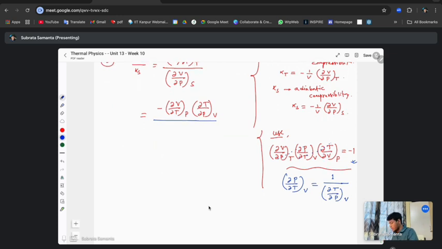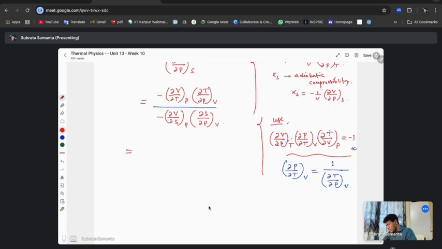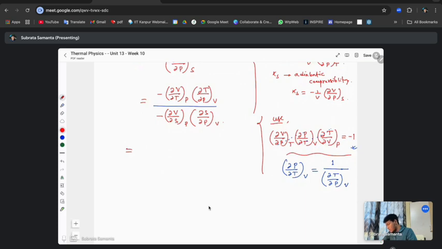Similarly, the one below is basically minus del V del S at constant P and del S del V at constant P. Now we use the Maxwell equations.